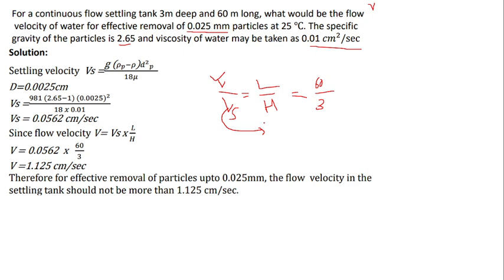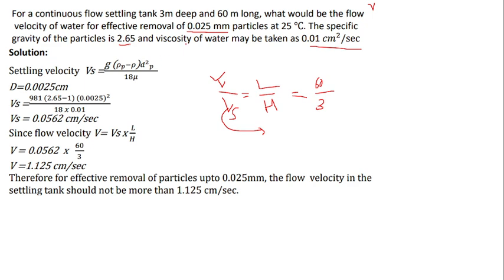To find the Vs, we are going to use this relation. So substitute the known values: g is 981 in centimeters, and then rho P minus rho. So here 2.65, rho is the liquid medium, which is water. So it is 1. Specific gravity is 1.